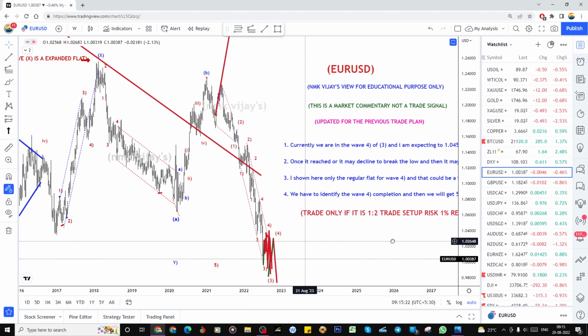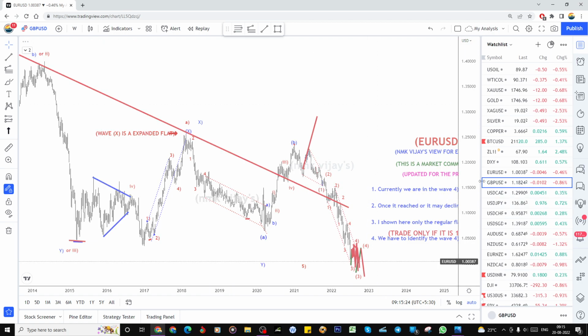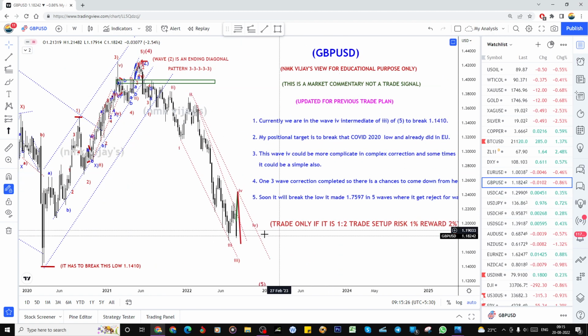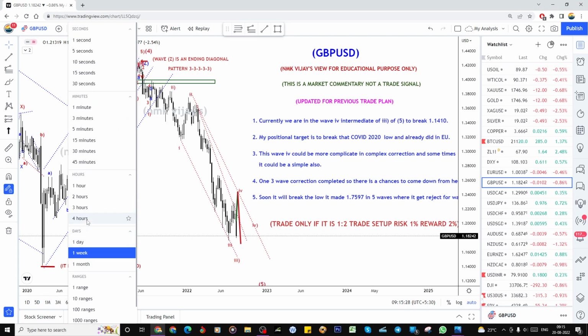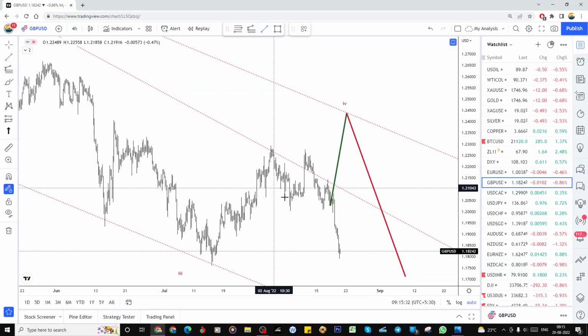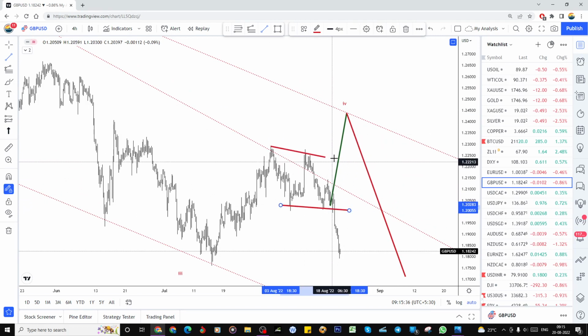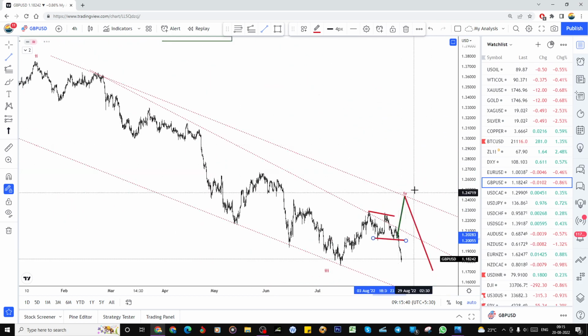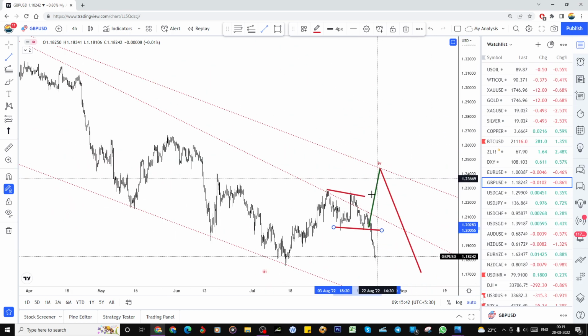So this is the one view I got, and in GBP/USD it's the same thing. In the 4 hour, I'm looking for that triangle. Here also I expected this could be the correction, and there is a chance. That is why I updated my charts, and it failed here.